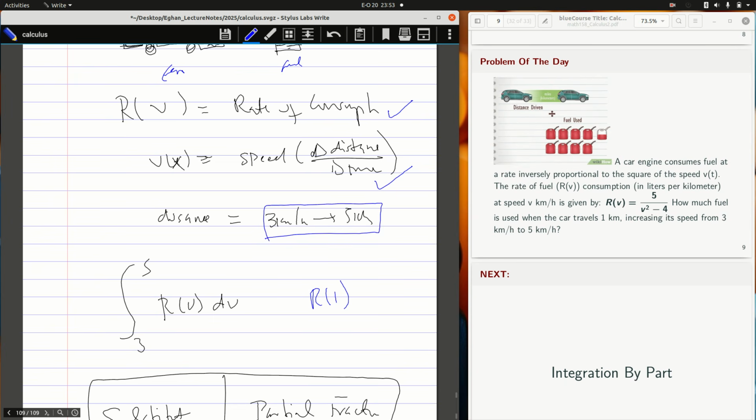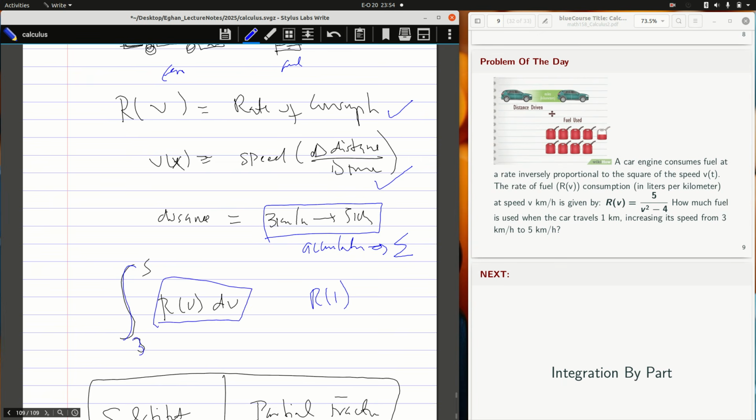Someone asks, how do I solve this problem? Because we want to look at the coverage, this is an accumulation. Accumulation is not differentiation; it's like summation over some interval, and that is an integral. So I have the integral from 3 to 5 of my fuel consumption function.